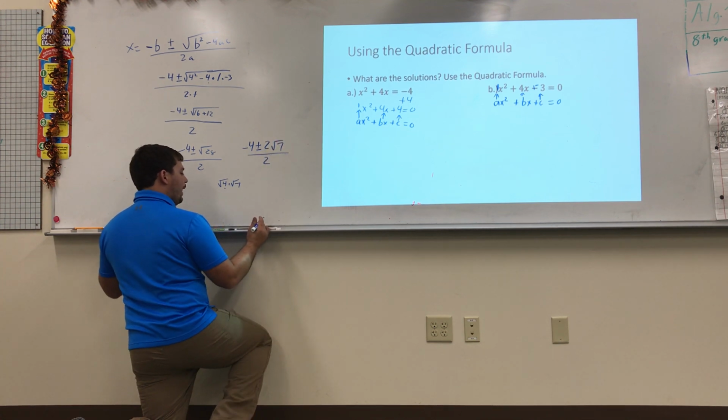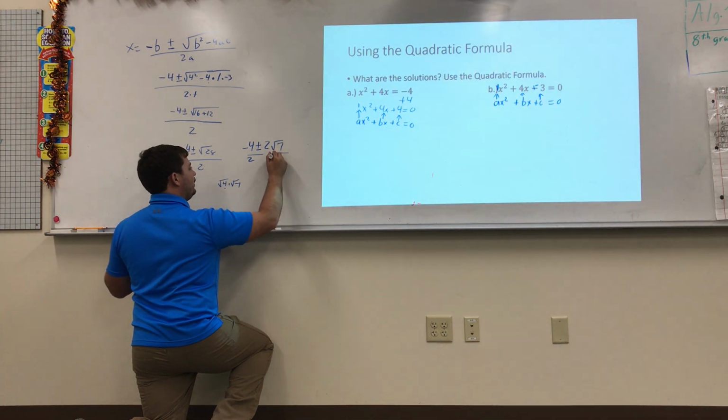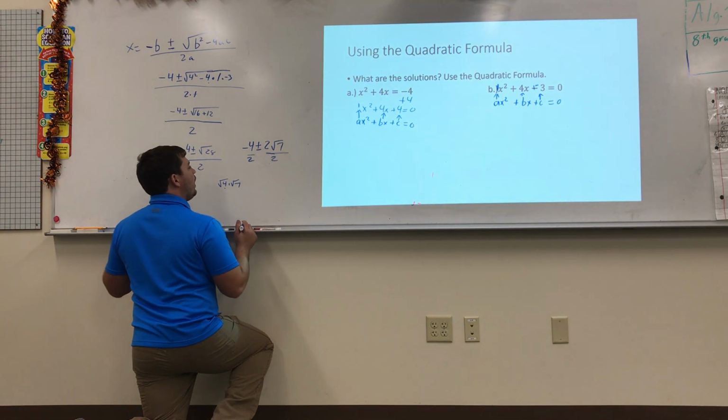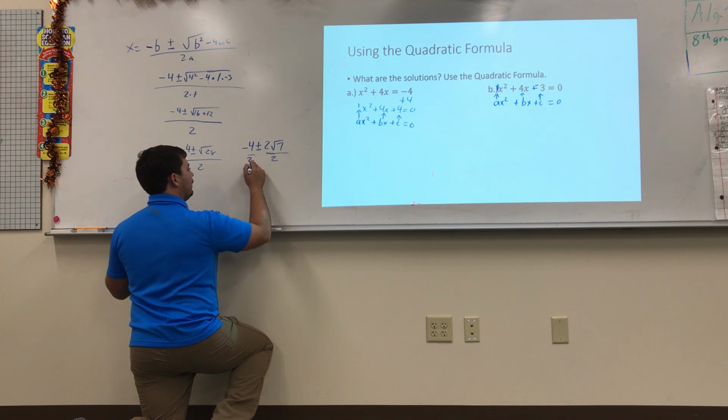Okay? Now, when I divide, I have to divide this by 2 and divide this side by 2. If I can divide. If that doesn't work, then I can't divide, or I have to leave it like this, separate. So I'm going to get negative 2 here when I divide, plus or minus.